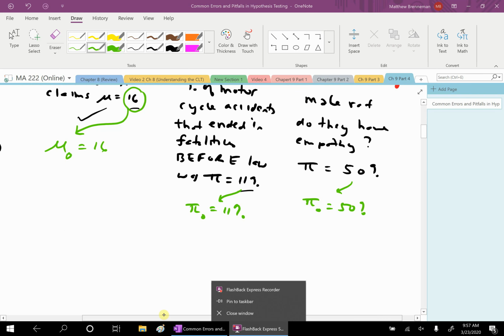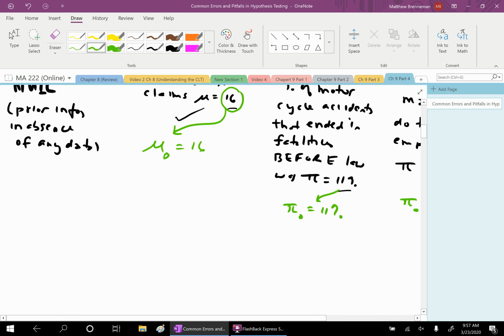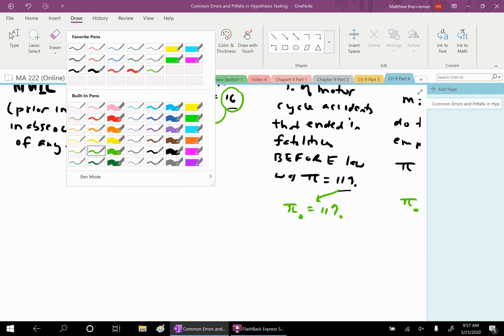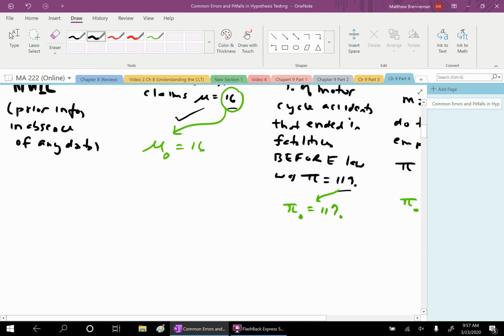Now, the alternative is what you're trying to prove. So the alternative hypothesis is what we're trying to prove.